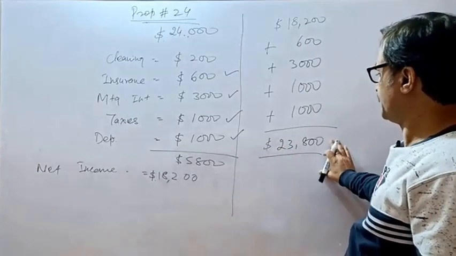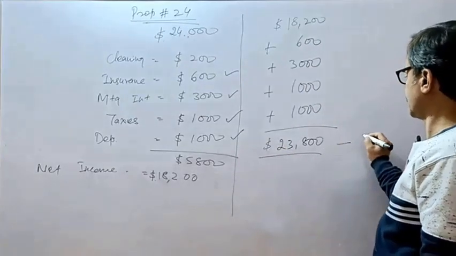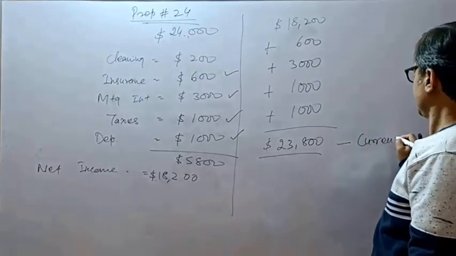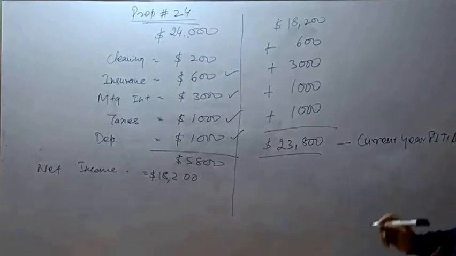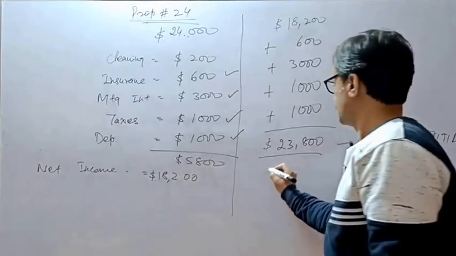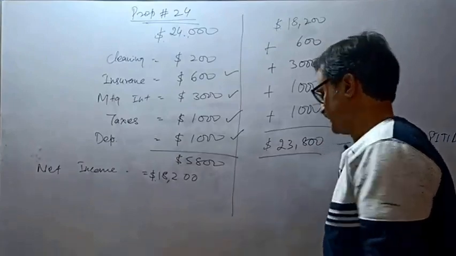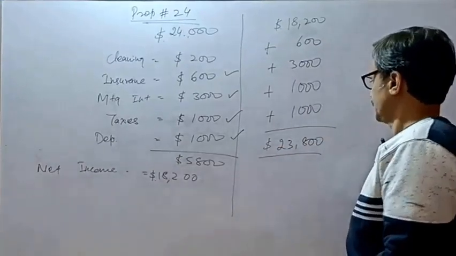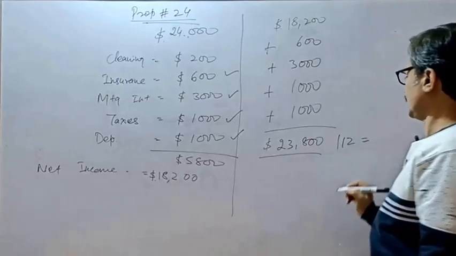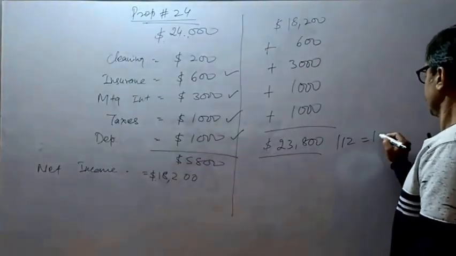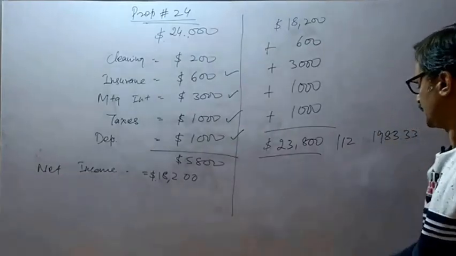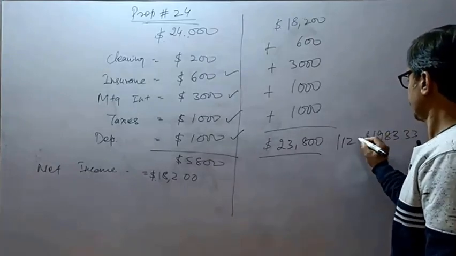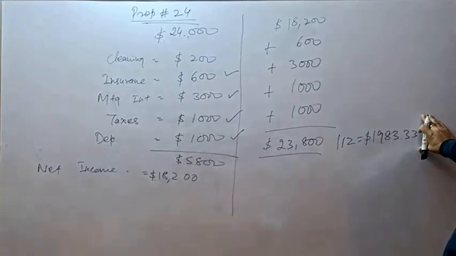Now, from this income, we are going to deduct the current year PITIA, that I was just showing you how it needs to be done. So this income, divide it by 12, and what is the income going to be? This is the monthly income of the borrower.